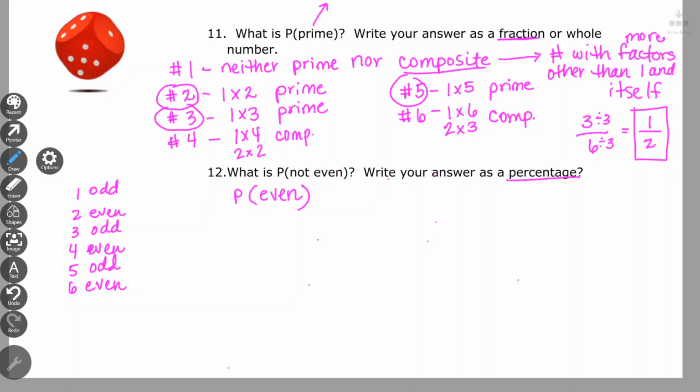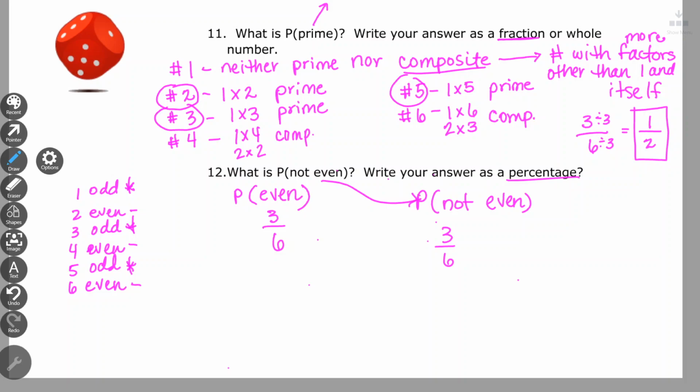Okay, so how many are even? That would be 3 out of 6. And what's the probability of not even, which is what they want, right? Okay, so there were 3 that were even. There are 3 that are not even, because not even is known as odd. So there are 3 out of 6.